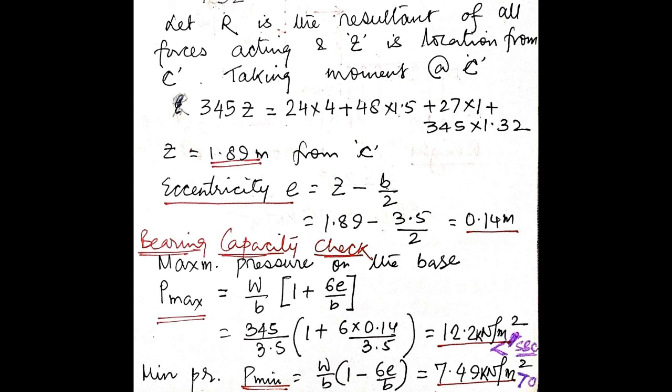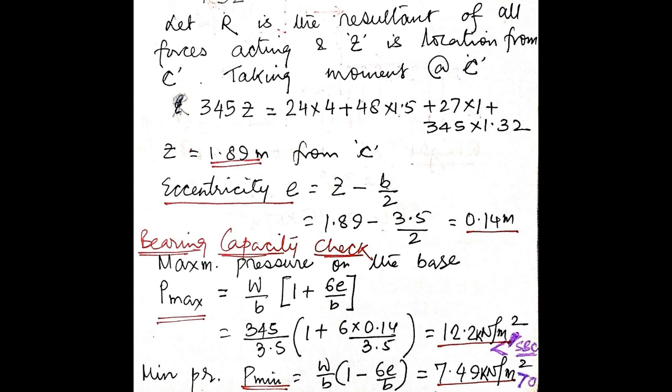So if we take moment at the point C, it will be 345 into Z is equal to 24 into 4, 48 into 1.5 plus 27 into 1 plus 345 into 1.32. So that gives us 1.89 from the C. Now what will be the eccentricity?